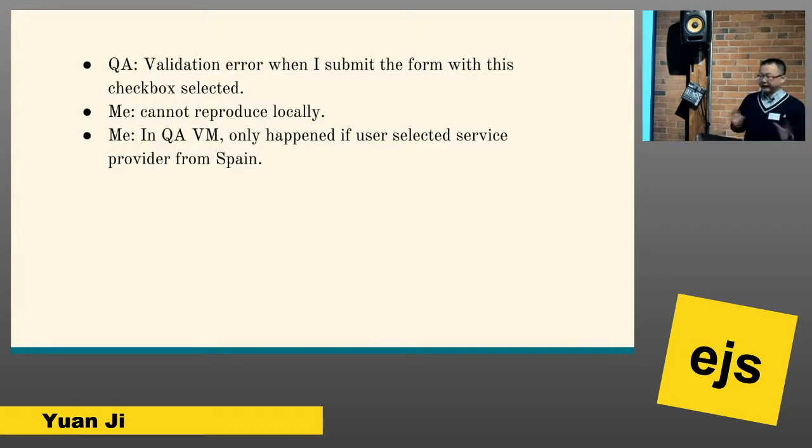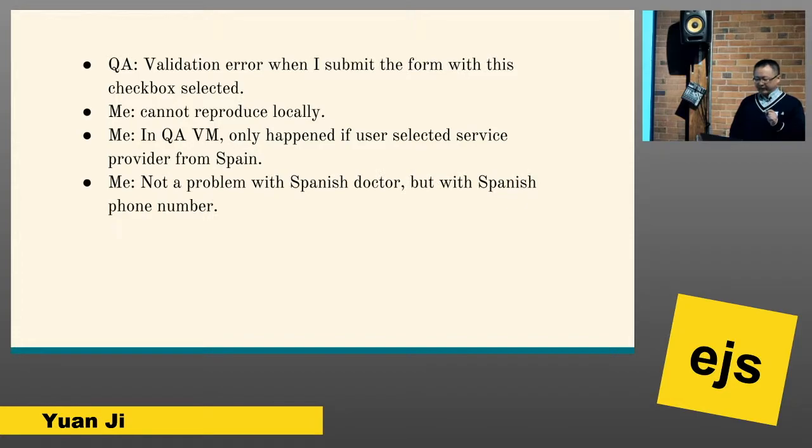I played around later and found I can reproduce it in my local environment. So I create the doctor with a Spanish input value. Then finally I figure out what is wrong. The problem is not about the Spanish doctor. The problem is about the Spanish phone number. Why?